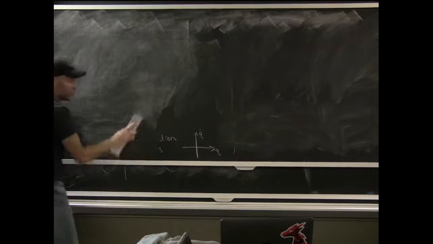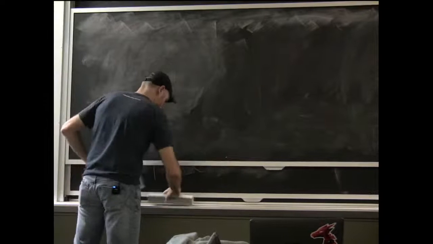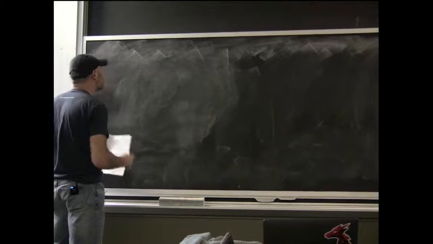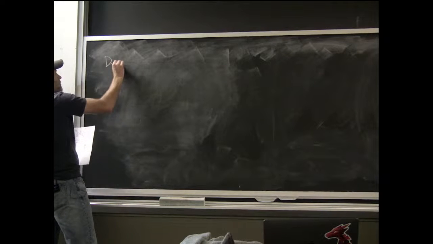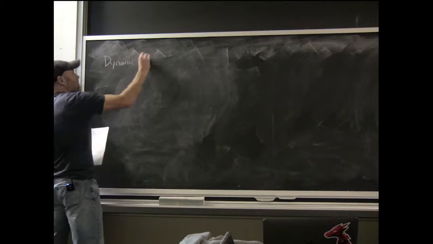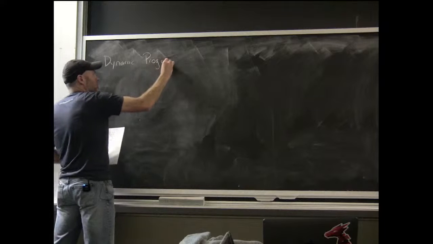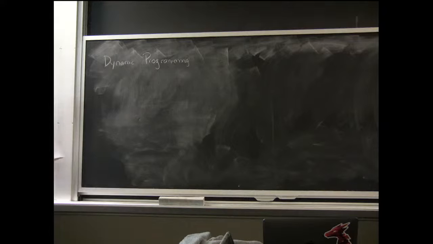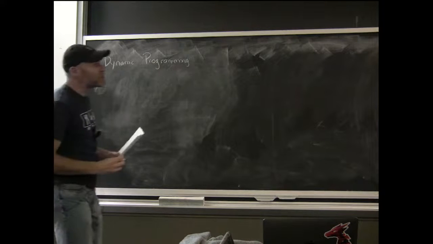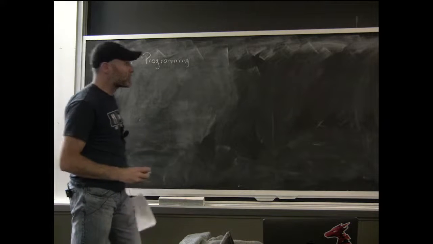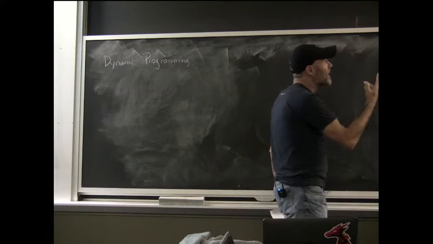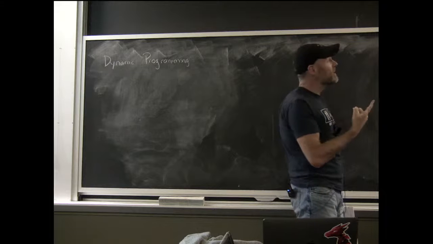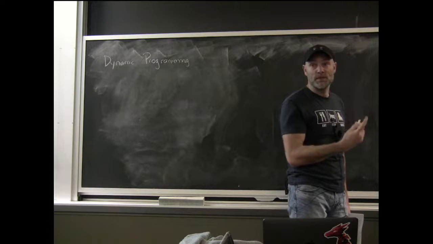We're going to use dynamic programming. The intuition behind it is that today we're going to discretize the state space and turn the optimal control problem into a graph search problem.